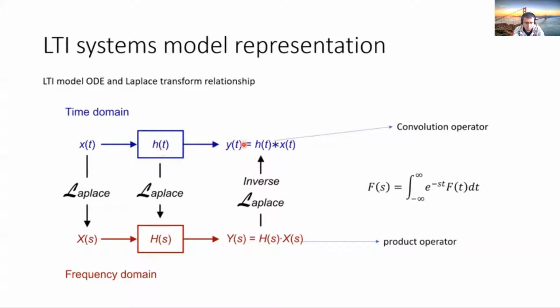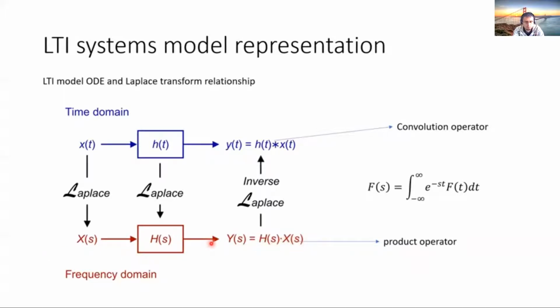If we see it this way, in the time domain, as we said before, we need the convolution operator in order to know the relationship of the output y in terms of the system h(t) and the input x(t). If we go to the frequency domain, basically we can get the same relationship just by the multiplication Y(s) = H(s) times X(s).